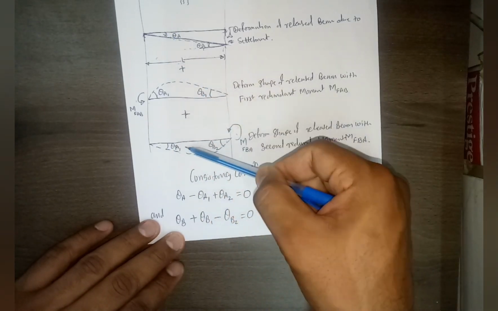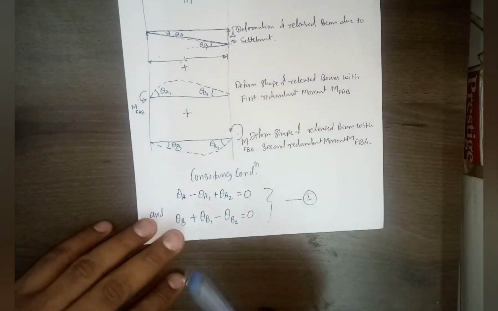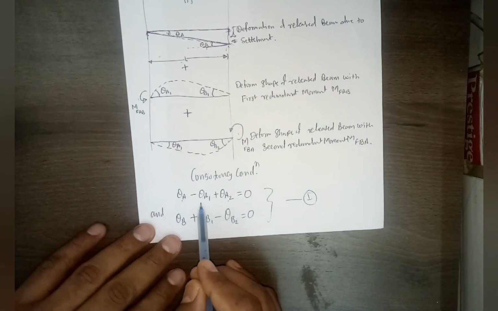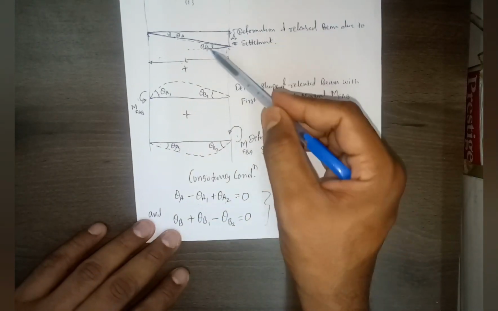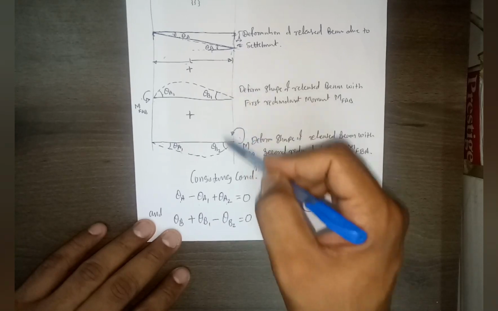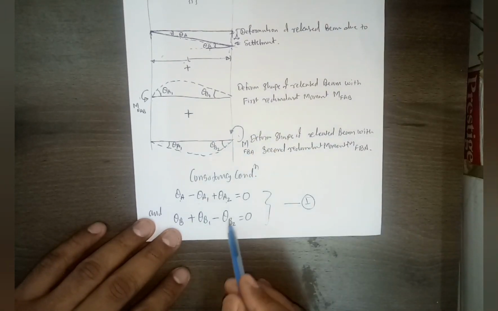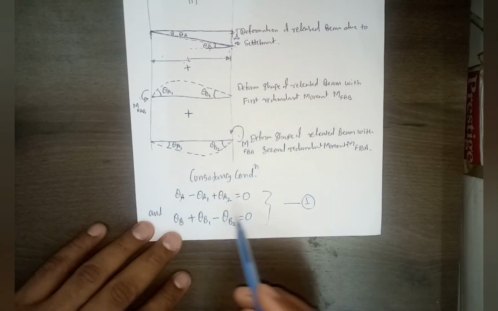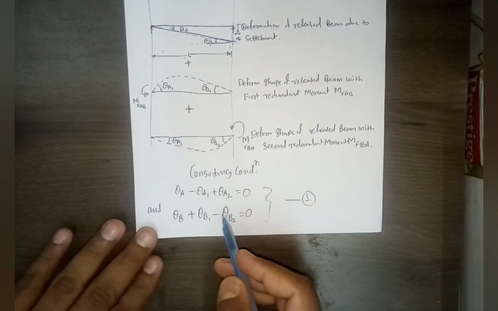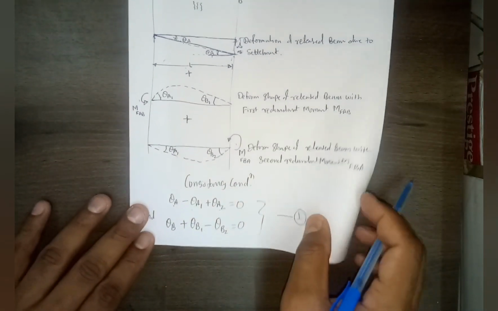Clockwise will get added and anti-clockwise will be minus. So clockwise positive sign, anti-clockwise negative. Either way you can write; you can assume anti-clockwise positive, and then also you'll get the same equation. So this is the equation we got.